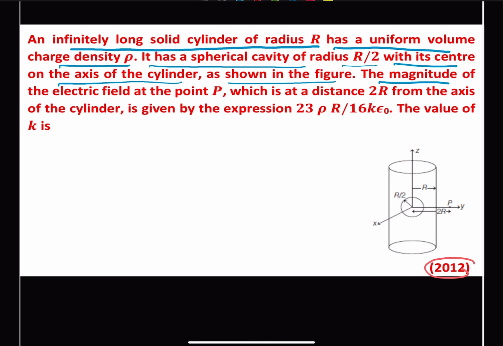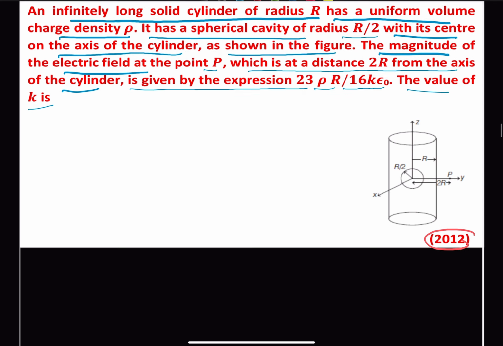The magnitude of electric field at a point P, which is at a distance of 2R from the axis of the cylinder, is given by the expression 23 rho R divided by 16 k epsilon naught. The value of k is. So a basic figure is given to us: an infinitely long cylinder of radius R, a cavity of radius R by 2, and at point P the electric field is given by the expression.